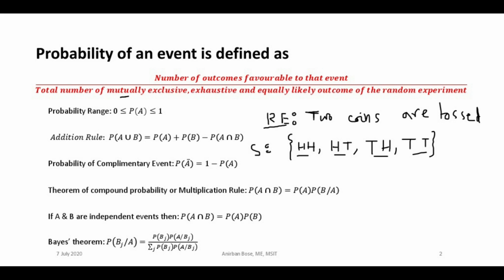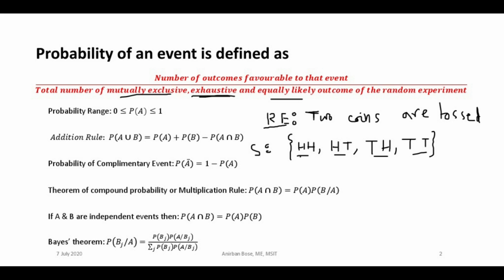Okay, so in the denominator of this fraction you can see the total number of mutually exclusive, exhaustive and equally likely outcomes of the random experiment has been shown. Here you can see all the outcomes have been shown. That means it is exhaustive. Exhaustive means all possible outcomes have been taken.